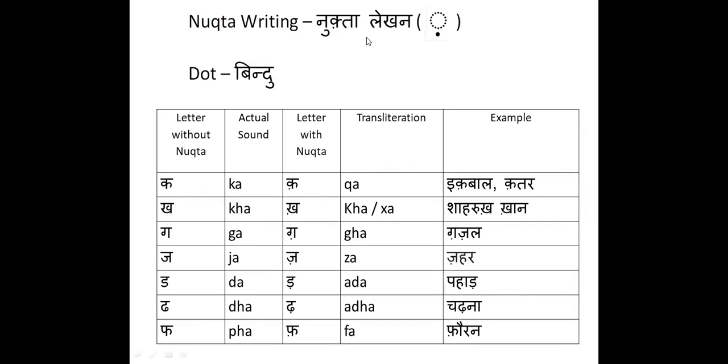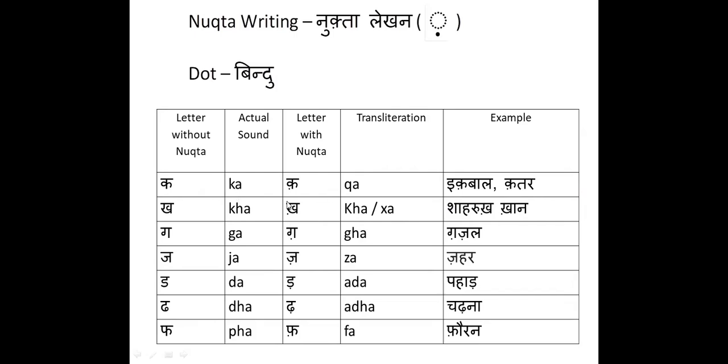Here, this is Ka. There is no bindu here. This is Ka without Nukta. The actual pronunciation of this is Ka, K-A.